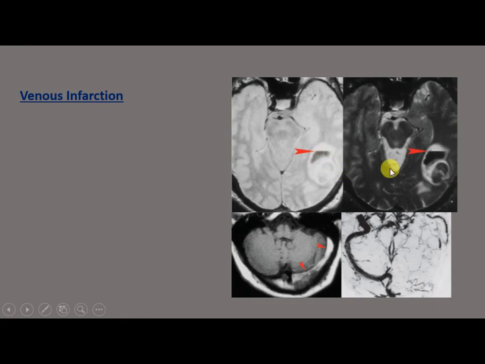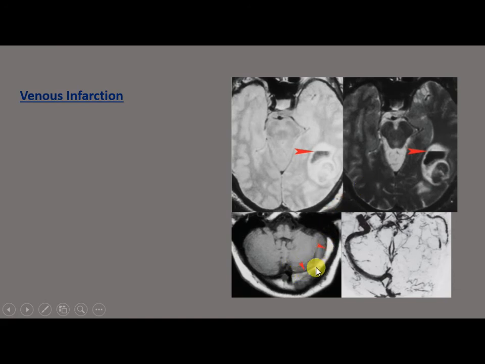As we know, venous infarction is commonly associated with hemorrhagic transformation, because there is occlusion of the vein, and the artery pumps more blood to the area, resulting in hemorrhage. We can see here different layering of the hemoglobin. The low signal and high signal represent the hemorrhagic transformation of the infarction.